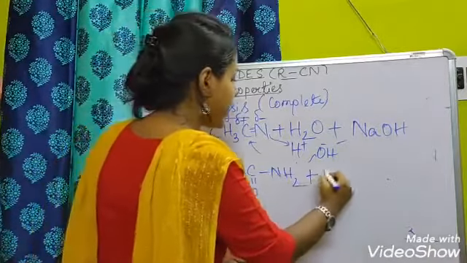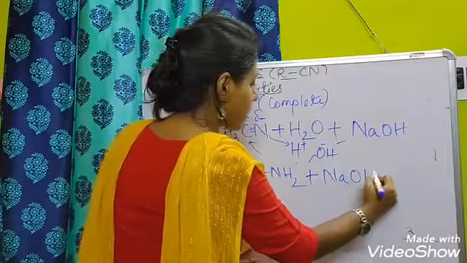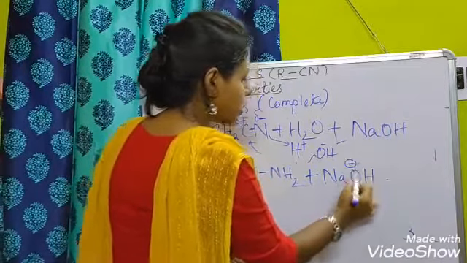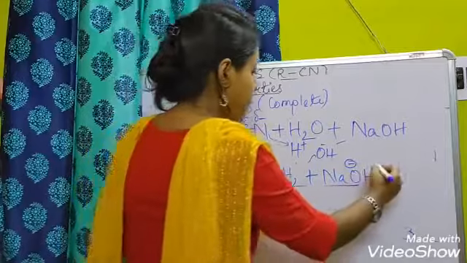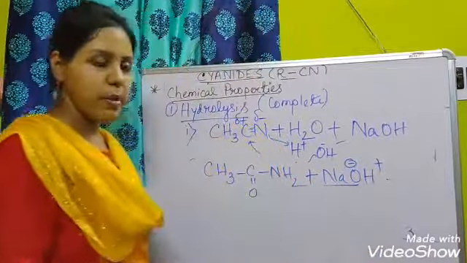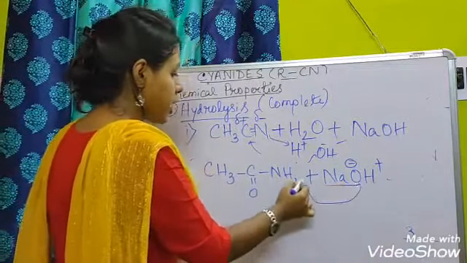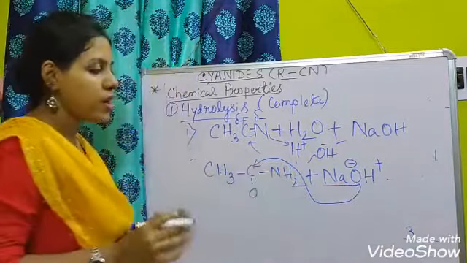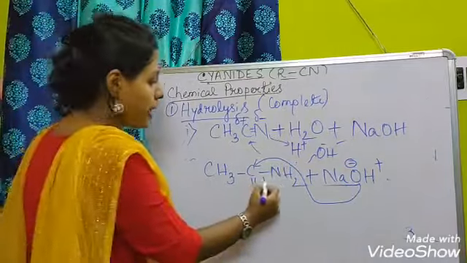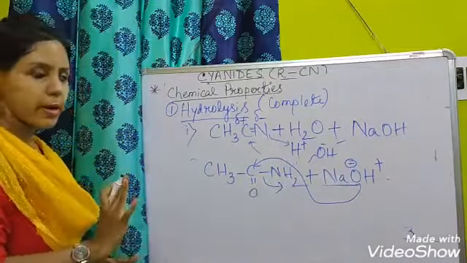After that we are adding NaOH, from where this is O minus Na plus and this is H plus. This sodium oxide will react on the carbon, so again this NH2 minus will be removed out.